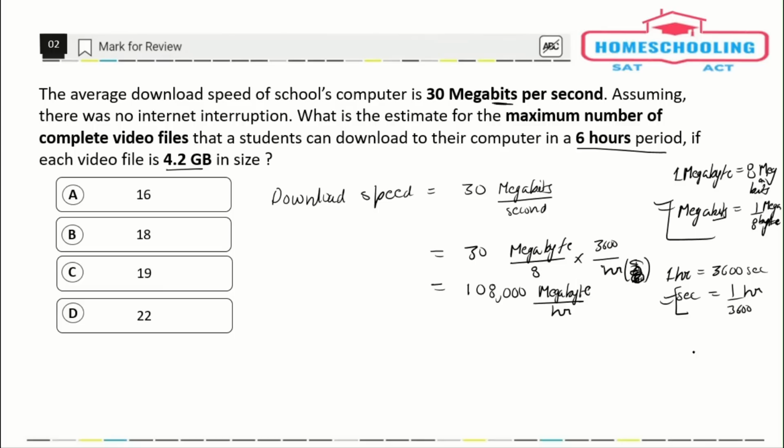As we know, 1 GB is equal to 1024 megabyte. So from this, 1 megabyte is 1 GB divided by 1024.